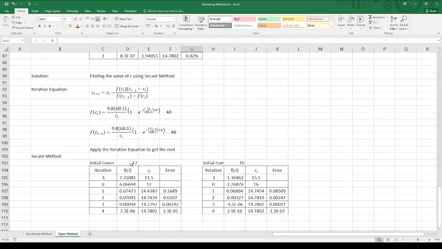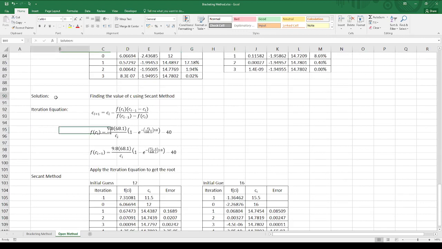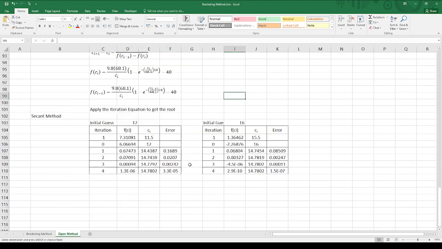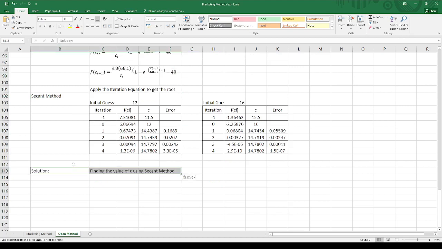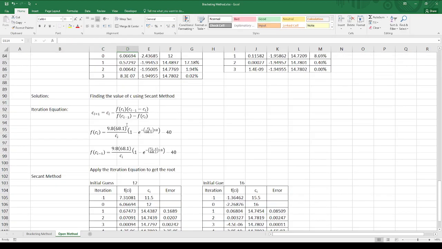Okay. How about for modified secant method, last method? Okay. Modified secant method. So our iteration equation will be based on another formula, no?